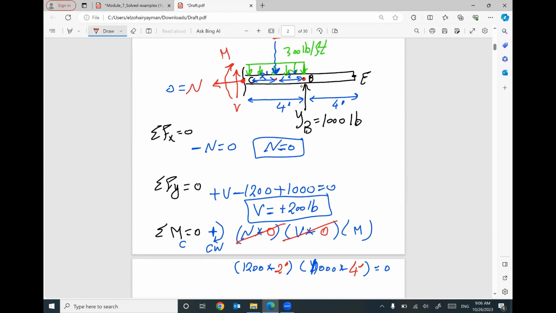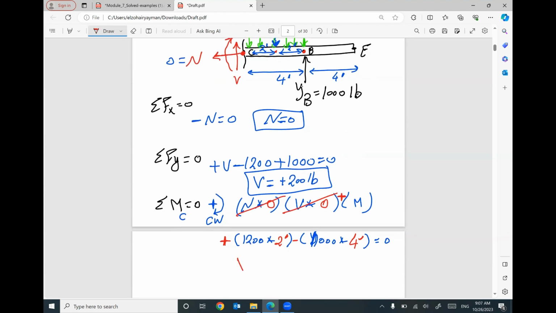Your moment, based on this direction and your assumption, will be clockwise, positive. 1200 times 2 based on this assumption will be positive, clockwise. YB, 1000 times 4, will be counterclockwise, so negative. The only unknown in this equation is your capital M. I can find it out. It will be 1200 times 2 minus 1000 times 4.